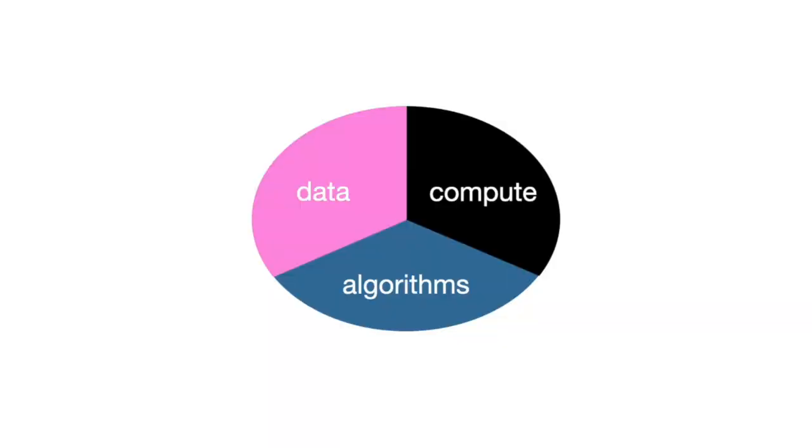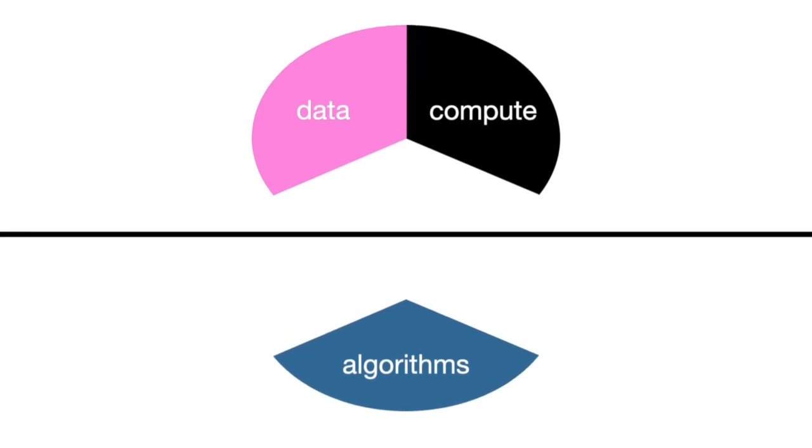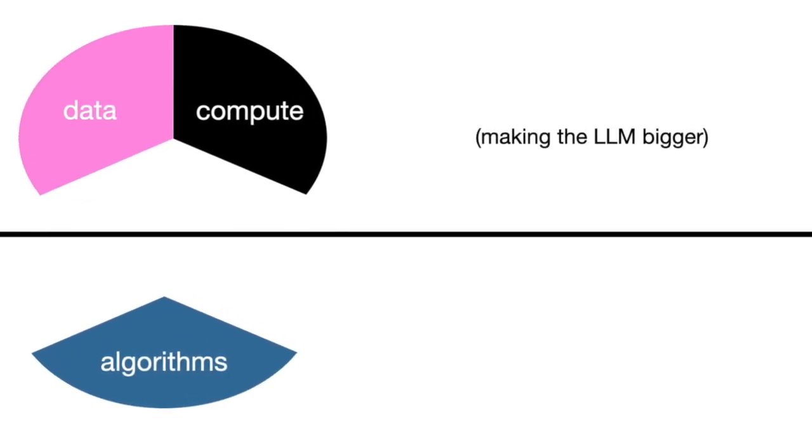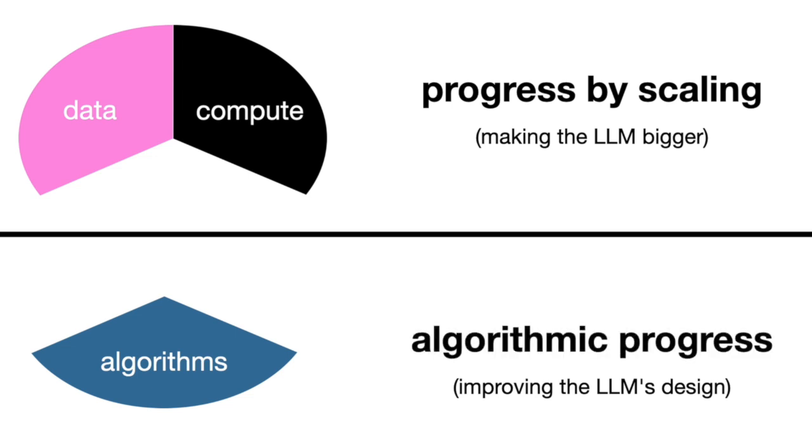What do they mean? What they mean is that you don't need to improve the three ingredients to make LLMs more intelligent, because you can also make them smarter by just making them bigger or by just improving their design. Making them bigger is what is known as scaling, and improving their design is what you will hear referred to as algorithmic progress.